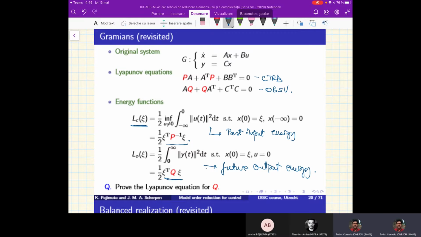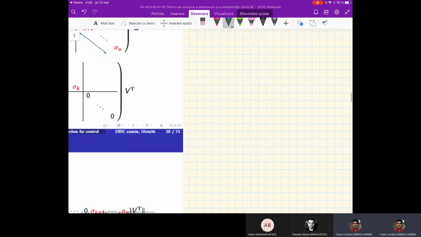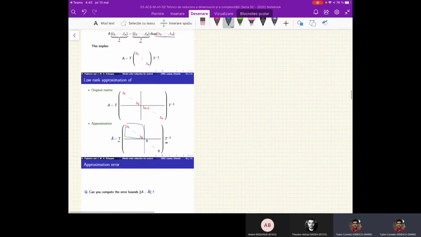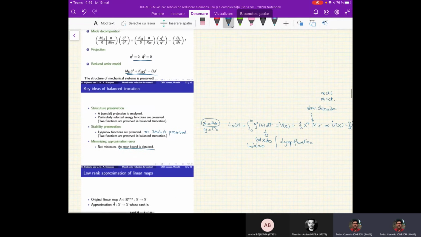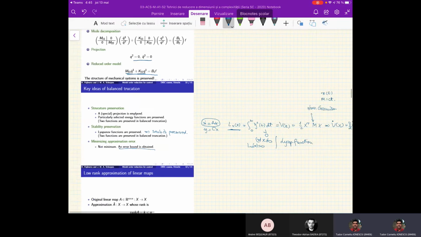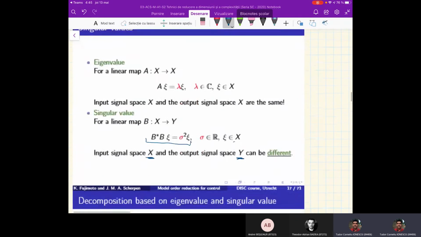They say prove the Lyapunov equation for Q. We have just done this, accidentally, without knowing what was going on. Where did we do that? We did it here. We proved that this is a Lyapunov function for the original system.